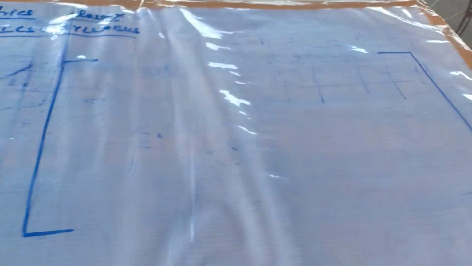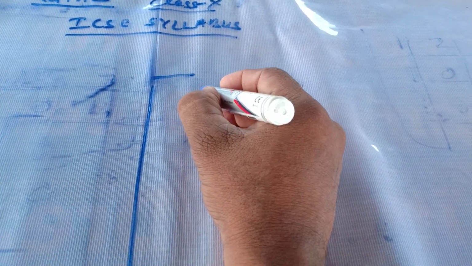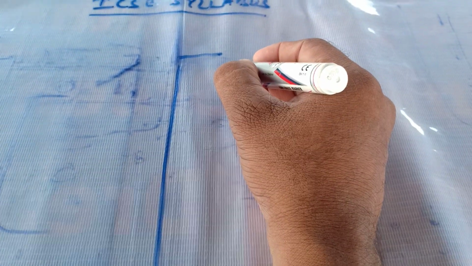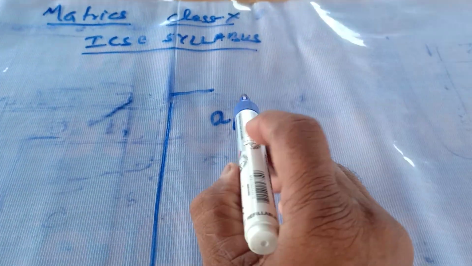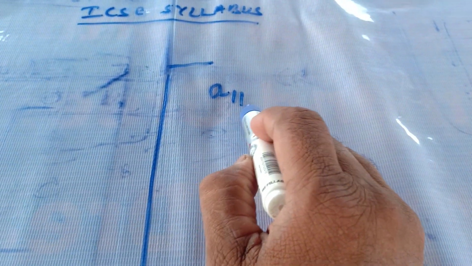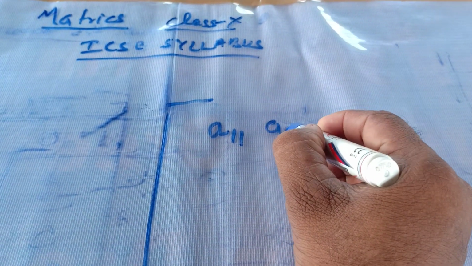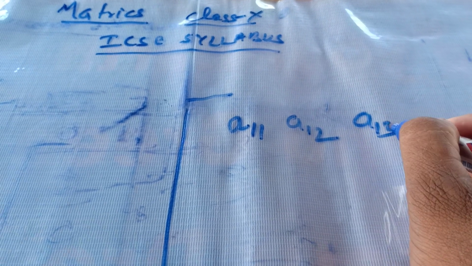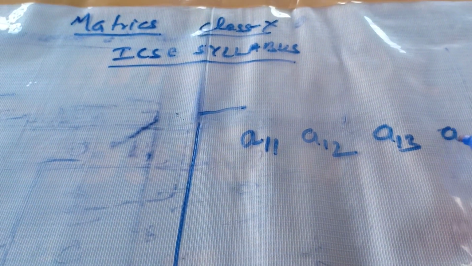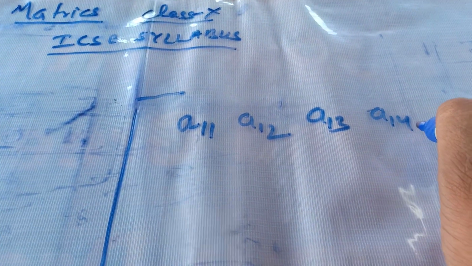But generally, the elements are represented by small English letters. Suppose a11. This is the element of the first row and first column. Then a12, the first row, second column. a13, first row, third column. a14, first row, fourth column.